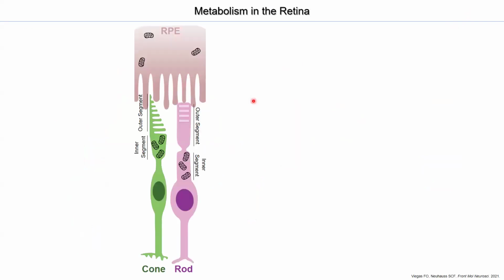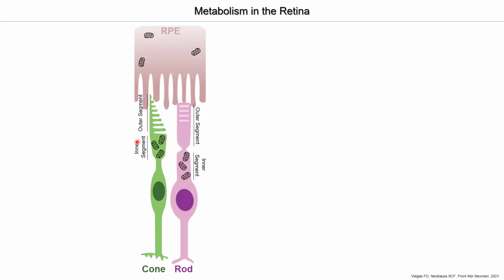When we look at the retina and talk about its metabolism, we now have this hypothesis that there is an interaction of the photoreceptors with the RPE, and that the different metabolic processes work together between these cell types to get a healthy environment.